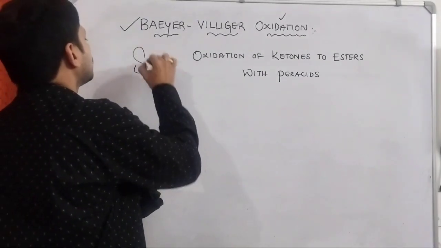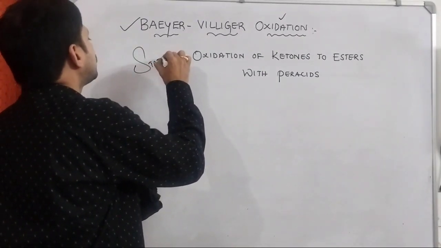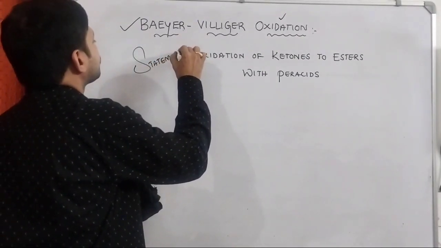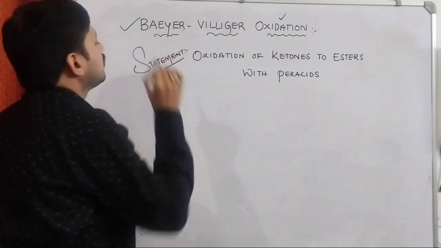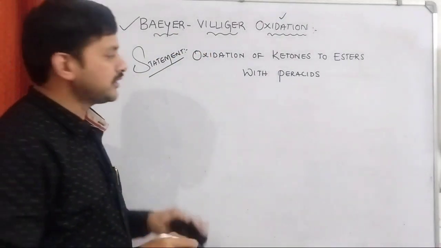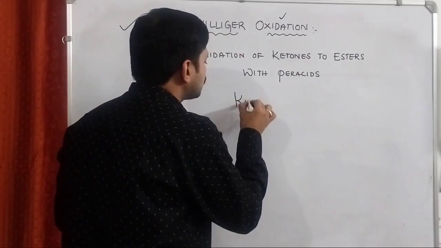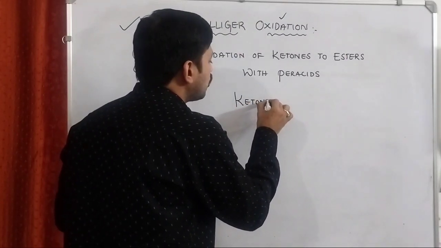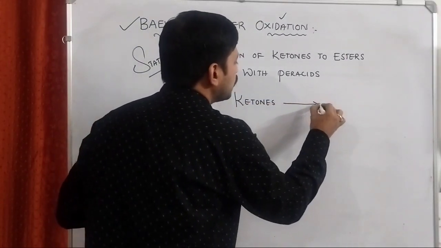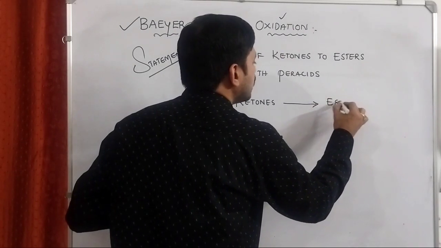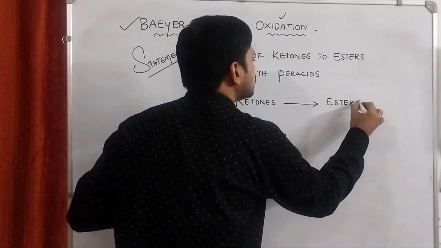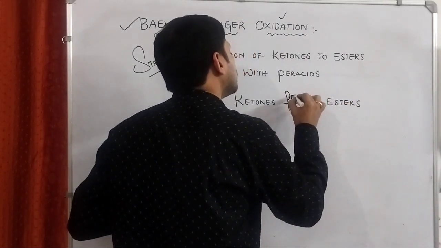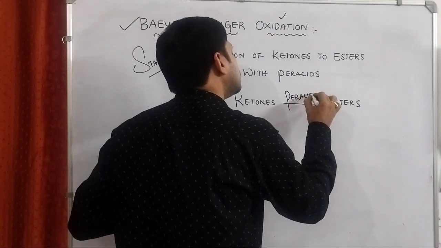This is the statement. So, Baeyer-Villiger oxidation is used for the conversion of ketones into corresponding esters by treatment with paracids.